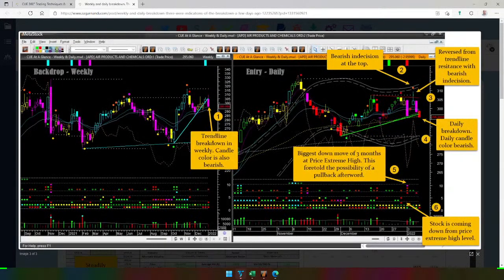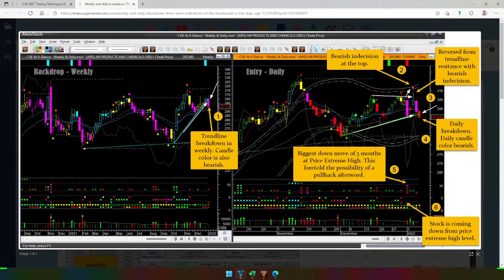And what did I find in terms of technicals? Breakdown in weekly with a bearish shape, bearish color in weekly. Breakdown from trendline support in daily with bearish shape, bearish color in daily. And interestingly, earlier it tried to go above the trendline resistance. These trendline supports and resistances are drawn automatically, and I like to say smart trend lines.